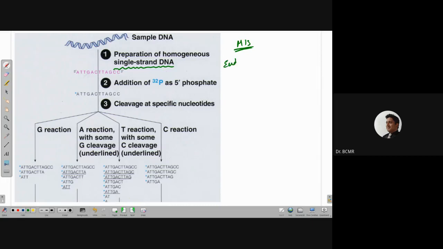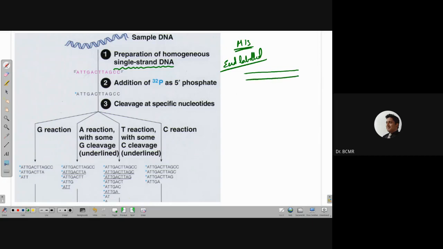The second one is end labeling. I think we discussed random labeling. We didn't discuss end labeling. If you want to distinguish both, there are two labels. This is a DNA molecule.